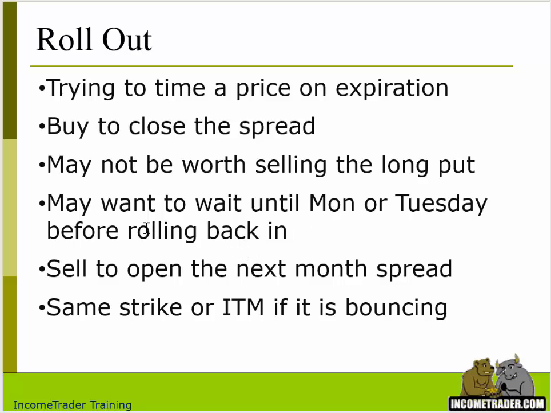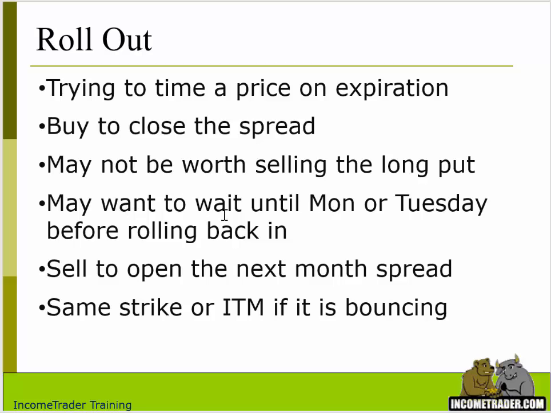So sometimes what market makers will do on expiration day is manipulate the price a little bit. If you are buying to close the spread and you say, I want to immediately sell to open the following, that same day, Friday or Thursday before expiration, many times the market makers will not give you the largest amount of premium because they know that people are panicking.